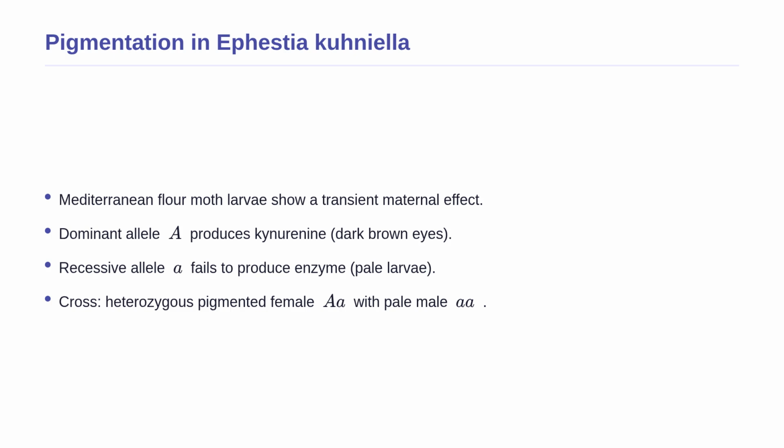The recessive allele, lowercase a, fails to produce this enzyme, resulting in pale larvae with red eyes. Let us analyze a cross between a heterozygous pigmented female with genotype capital A, lowercase a, and a homozygous recessive pale male with genotype lowercase aa.